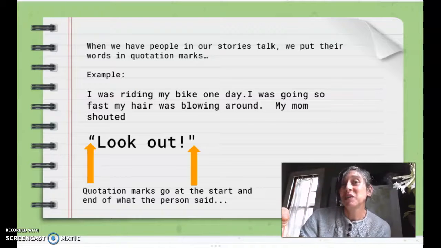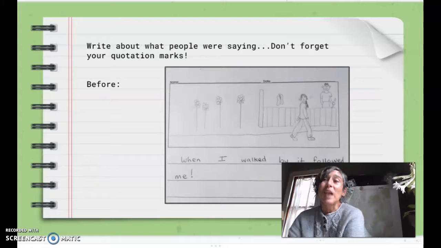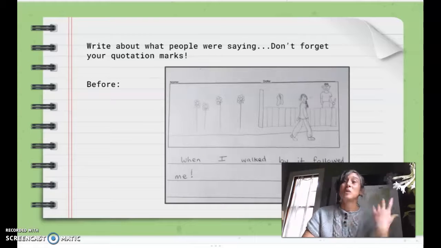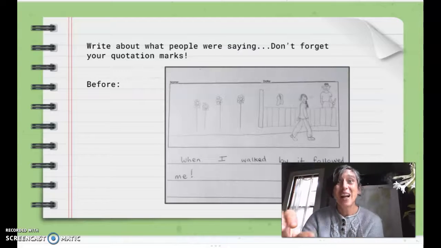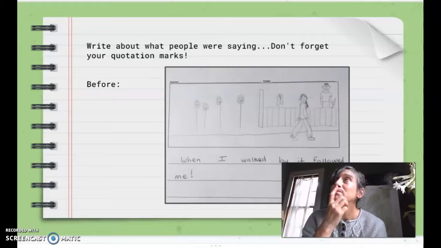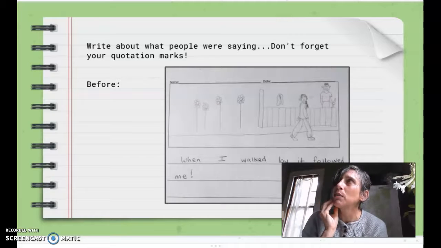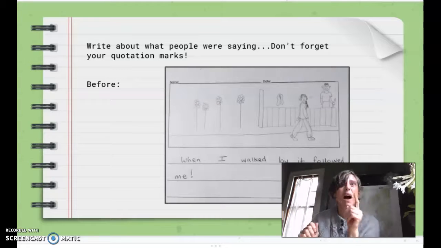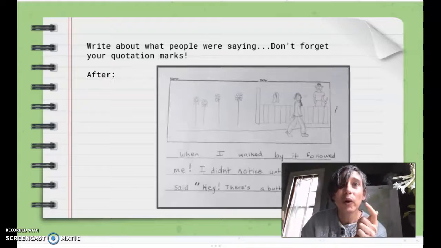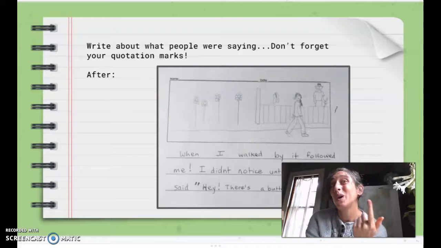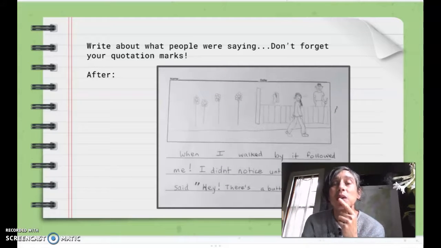Here's how I did it in my story about the butterfly. At first, I said when I was walking by that it followed me. You guys, it was so magical. But then I thought, well, I wasn't really talking at all because I was on this walk by myself. But my neighbor is the one who actually noticed that this butterfly was following me.